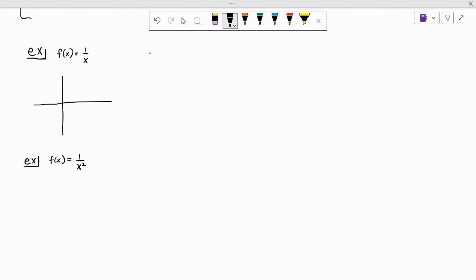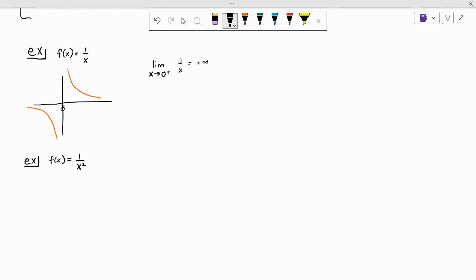This is kind of like what Elliot was doing with horizontal asymptotes, where he was considering what happens as x goes to infinity or x goes to negative infinity. What we'll be doing instead is computing limits here. So as x approaches 0 from the right, 1 over x goes where?